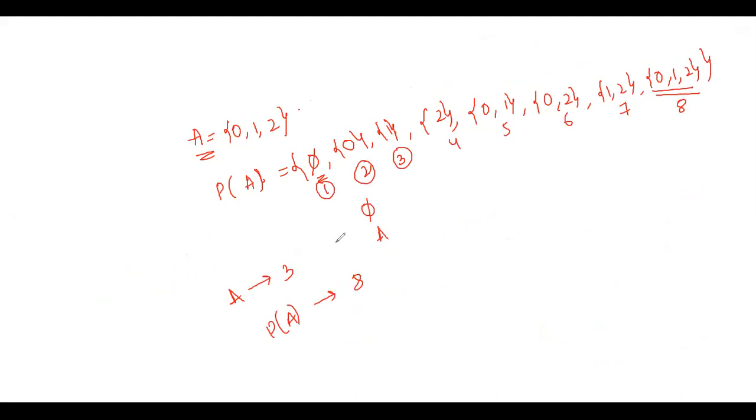If you see the relation, if A has n elements, the power set will have 2 power n elements. If n is equal to 3, then 8 can be expressed as 2 cube. If A has 4 elements, then the power set will have 16 elements, which you can do as an exercise.